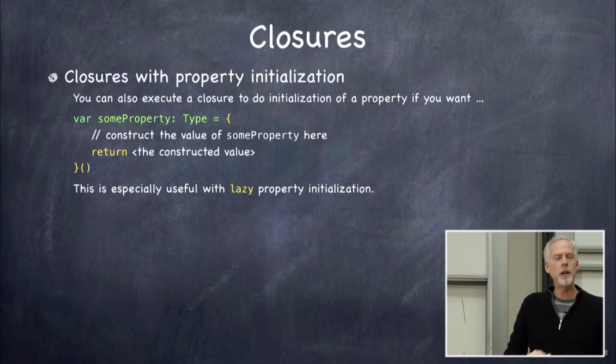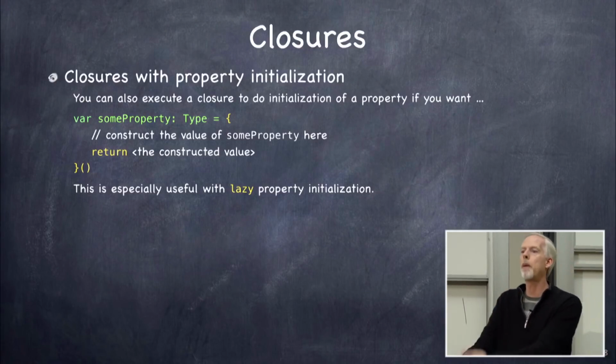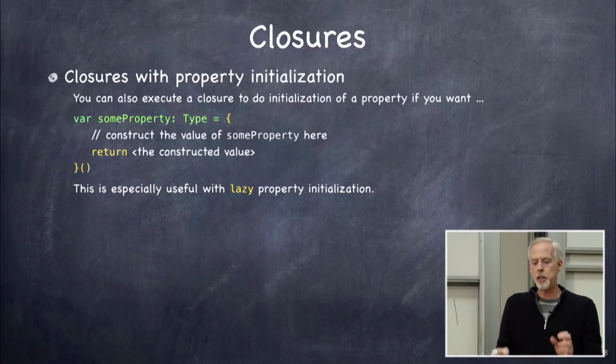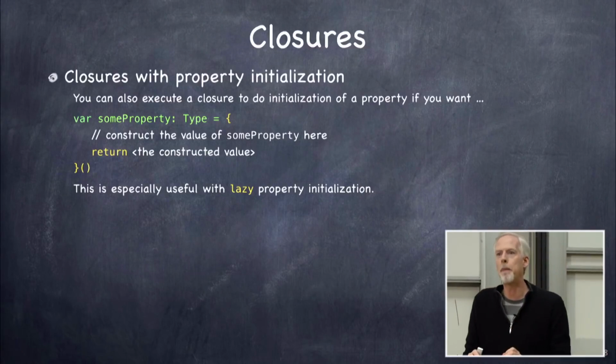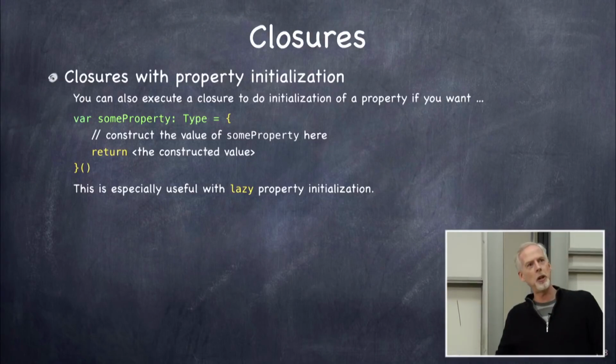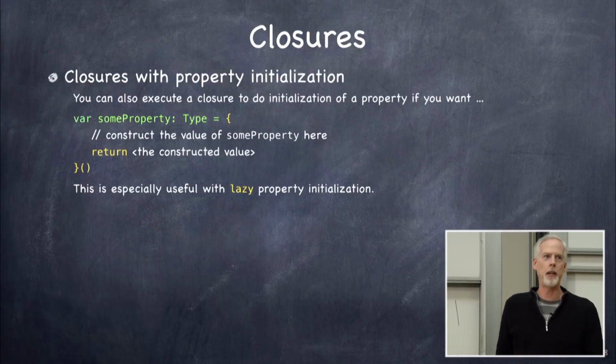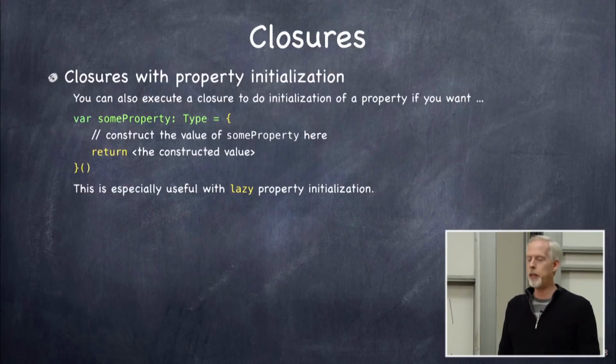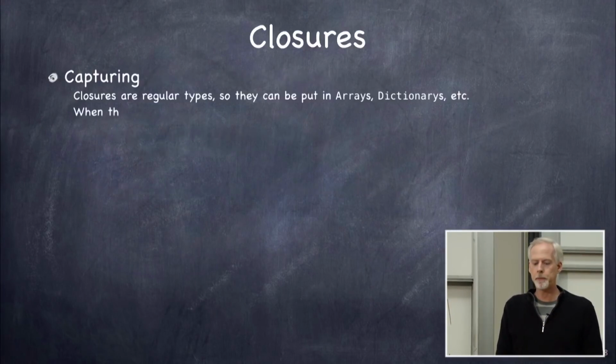So you can do anything you want in that closure and just return something of the right type. And then you execute it right away with open parentheses, close parentheses. See how there's the little open parentheses, close parentheses there right at the end of the closure? That's just going to execute that closure right there. This is especially cool with lazy properties because it means this closure won't be executed until someone asks for this property. Okay? So you're combining lazy and the closures. So closures, really cool for initializing properties.